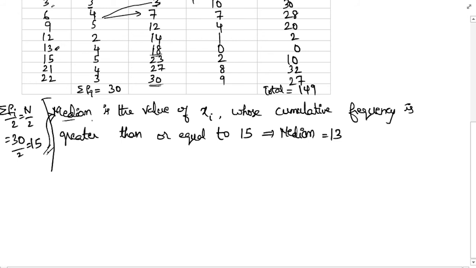It will be easy for us. I explained it previously, but it's better to write it this way: if you find summation fi by 2, you will know the cumulative frequency range which you have to compare.